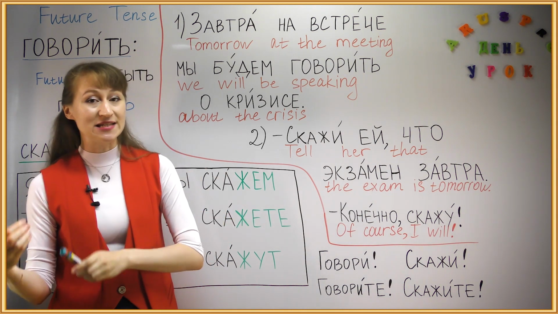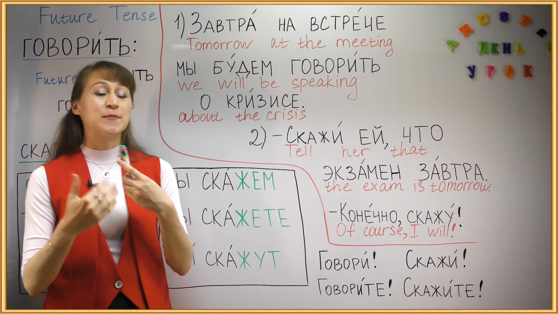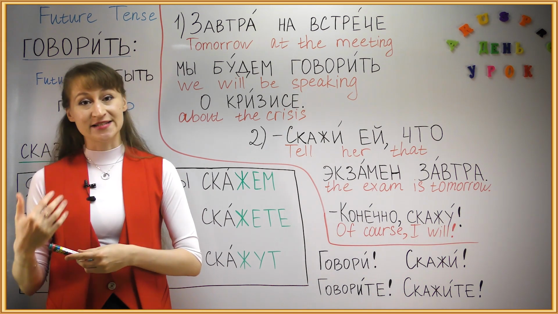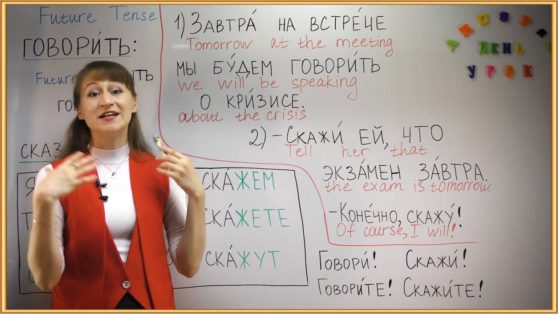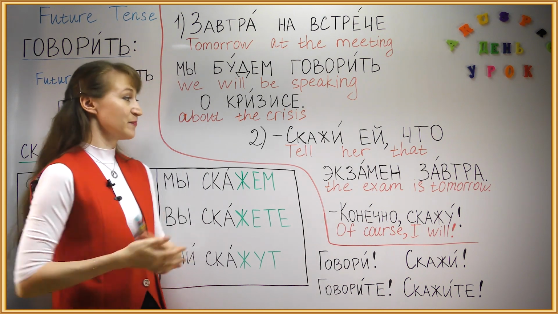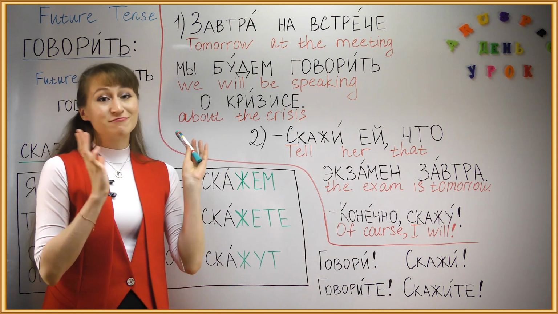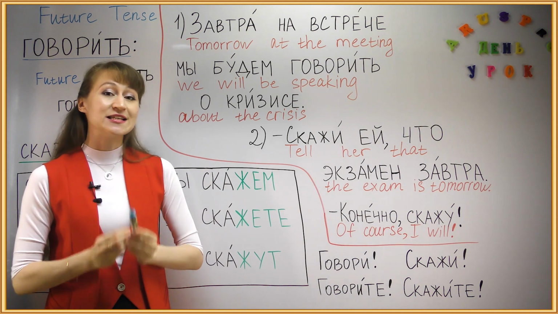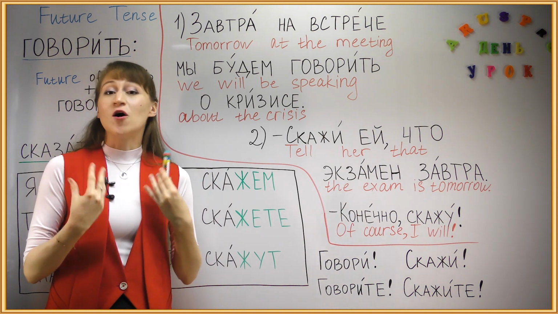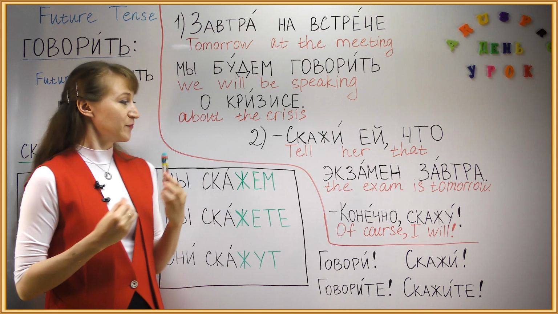So, there will be a meeting and there will be a process of speaking, discussing everything related to the crisis. So that is why we use говорить, because it's the idea of a process in the future.